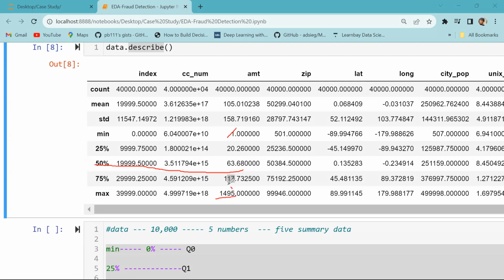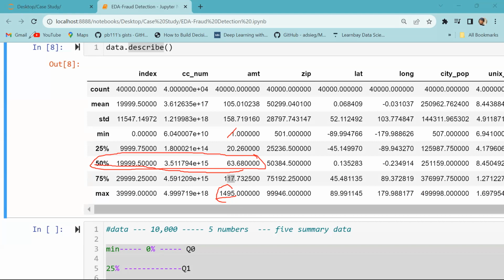Tell me guys, what is exactly? For example, let me consider this as 1500. Half of 1500 is how much? 750, right? So actually this 50% of the data could be 750. But why 63? In between 63 and 749, the exact middle value could be the average of those things, right? So that's the biggest issue.